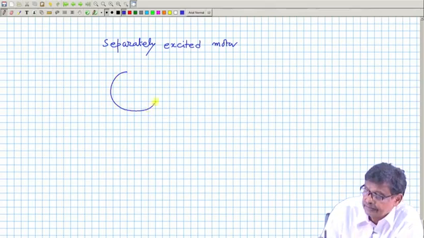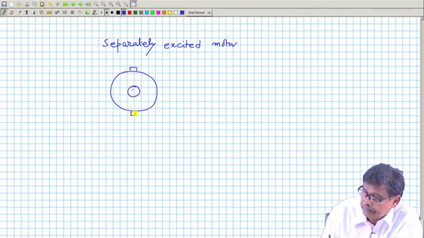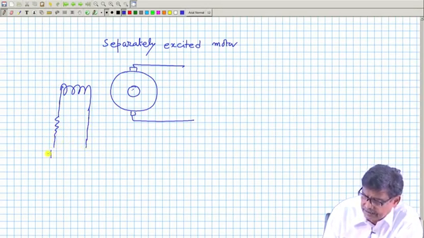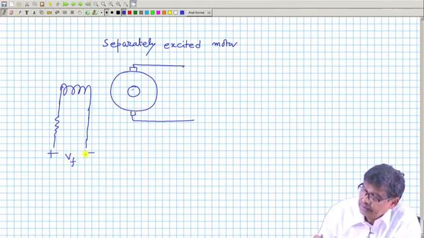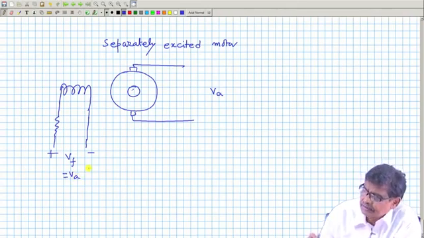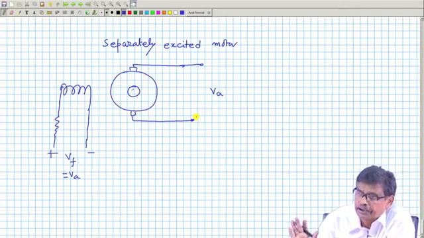So, this is the thing, this is the shaft, these are the brushes, the armature, and this is the field. Here is your Vf, here is your Va. Normally, Vf will be equal to Va, that is the normal case. But since it is a separately excited motor, what happens? You would like to vary the armature voltage separately.